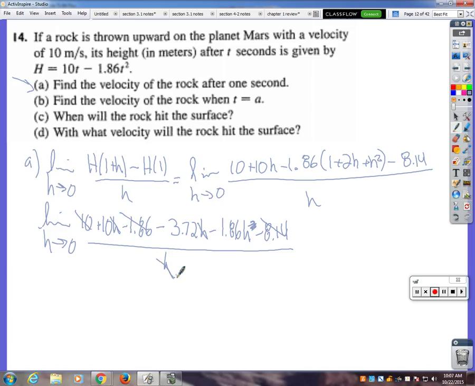And then my answer is 10 minus 3.72 because this has an h in it still. So when I plug in 0 for h, that whole term is going to go away. So 10 minus 3.72 gives us 6.28. Nope, that's the correct answer.